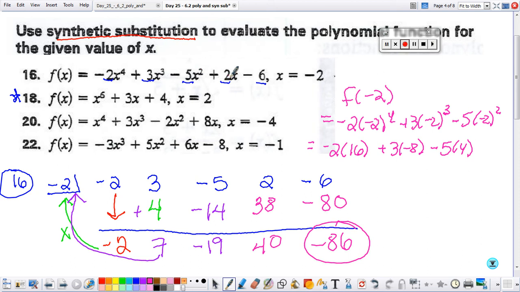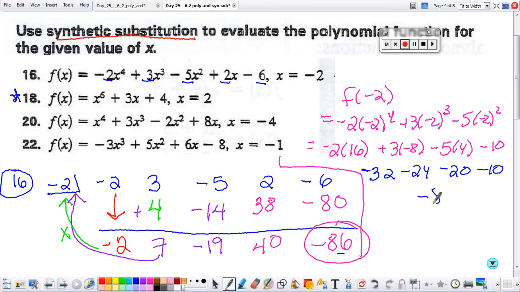Now I can't forget the rest of this. This is going to be negative 4 and negative 6. I got negative 10. Oh, then I have to keep going. And I'm going to prove to you we're going to get this negative 86. This is 32, negative 32. This is negative 24, minus 20, minus 10. And when I add all of these up, we get negative 86.